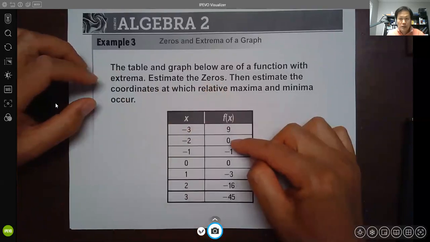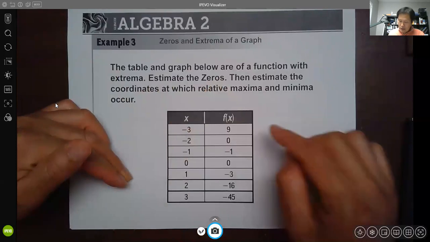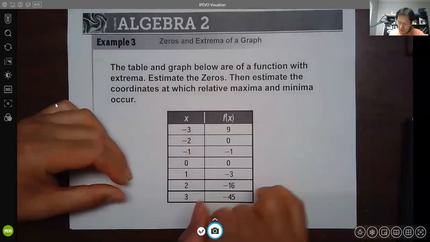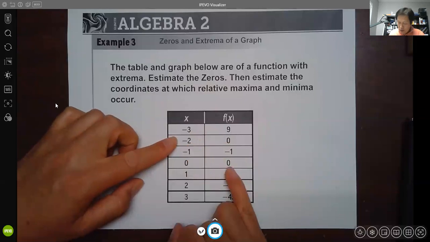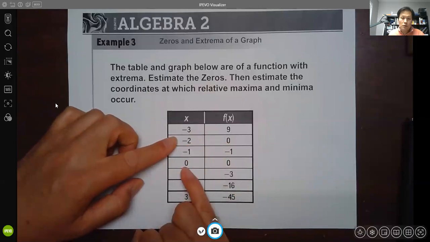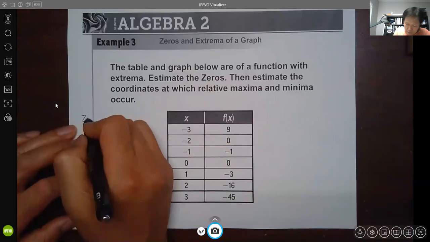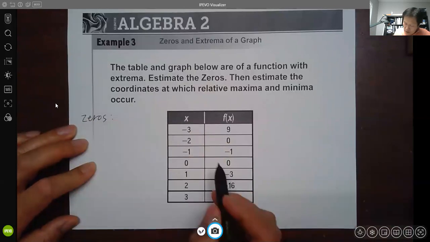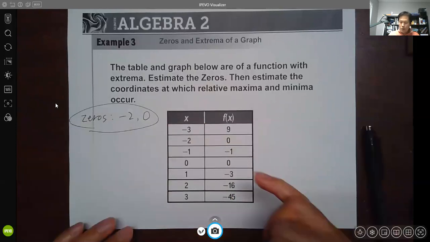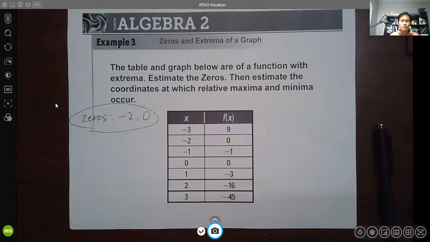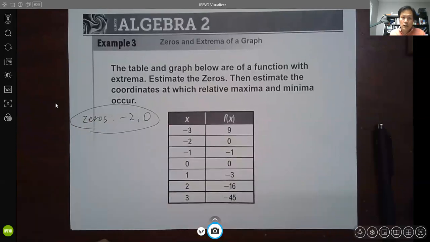A y value of 0 means the graph is hitting the x-axis. So where are the zeros? Right here, where the y value is 0. Zeros are at minus 2, 0 and the other where y becomes 0. The x value becomes the x-intercept.